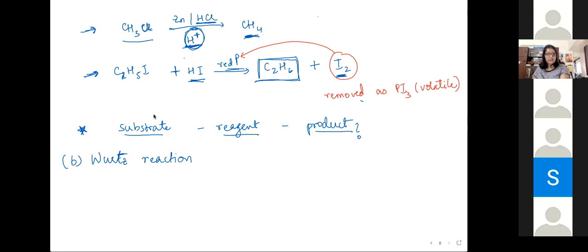Again, it always comes back to substrate, reagent, product. If your substrate is an alkyl halide, RX, this is one reagent that you're using. So this way you get direct alkane where the halogen is directly substituted with hydrogen. One reagent you use is zinc in the presence of HCl or acidic medium, basically H+. Another reagent, if you're looking at iodide specifically, then you use HI in the presence of red phosphorus.